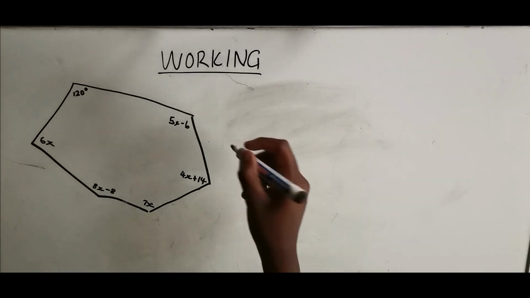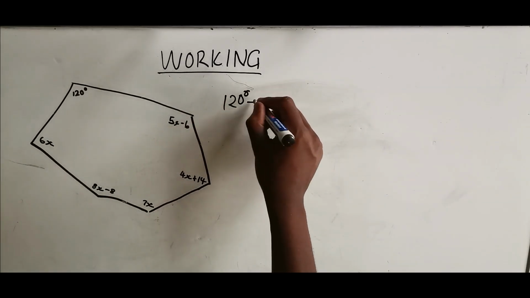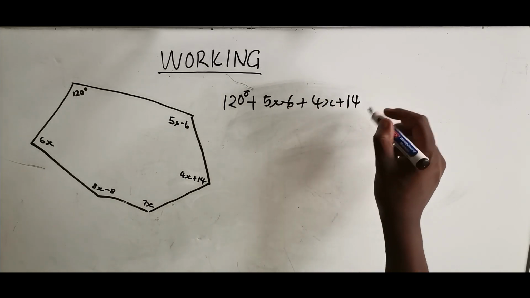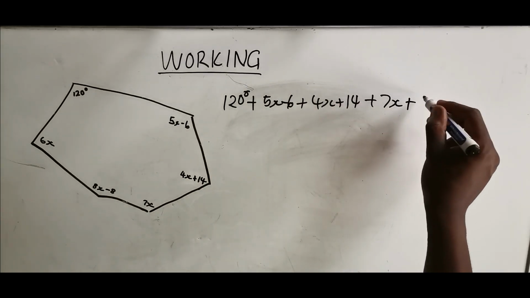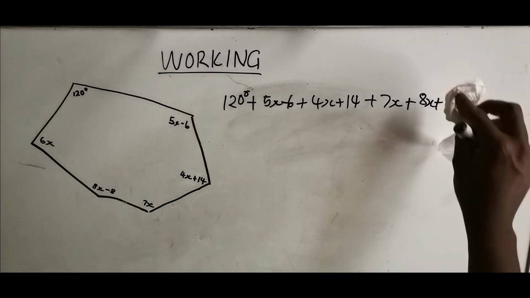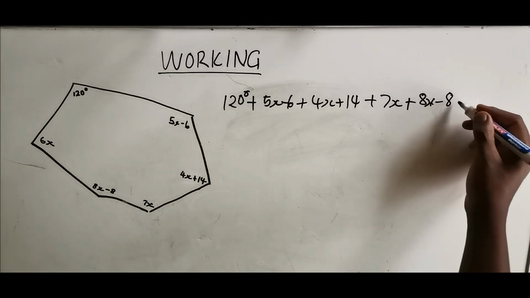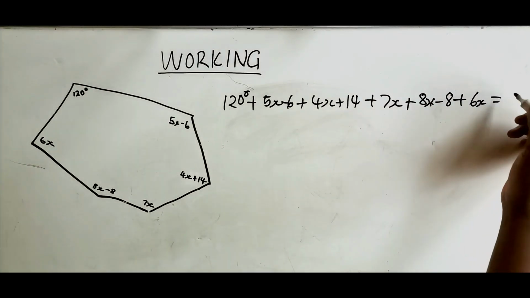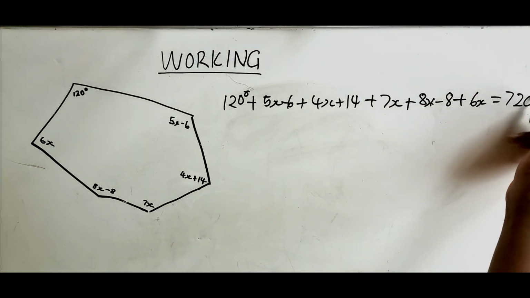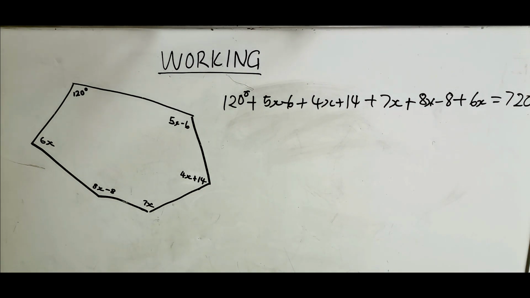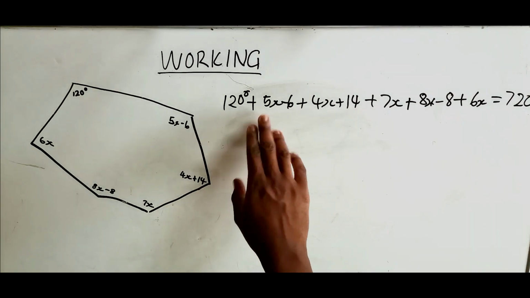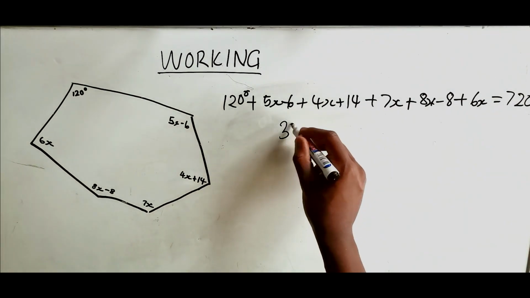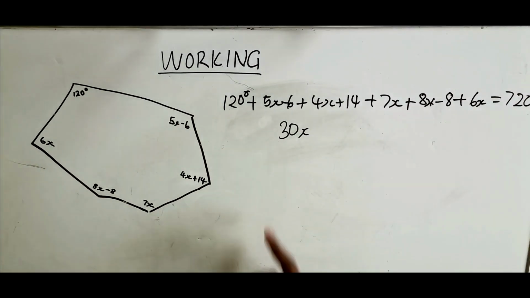So now I'm going to add all the angles: 120 plus 5x minus 6 plus 4x plus 14 plus 7x plus 8x minus 8 plus 6x. That will give me a total of 720. Now I'm going to just add the x's first: 5 plus that plus that plus that plus that will give me 30x.